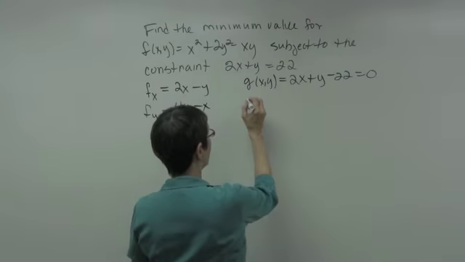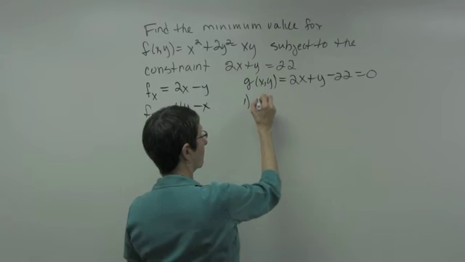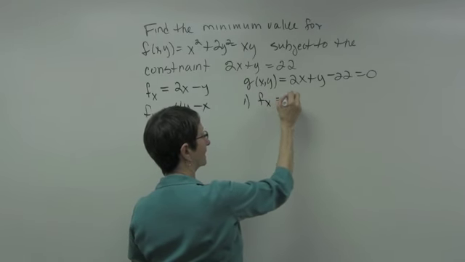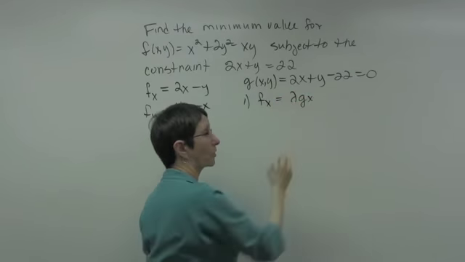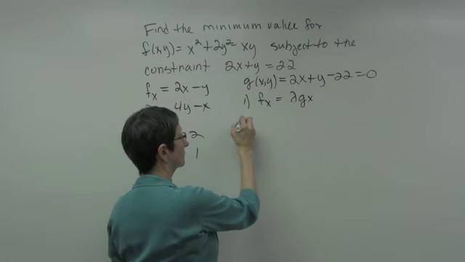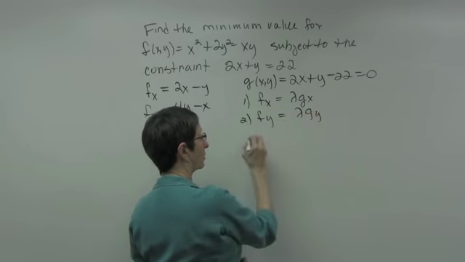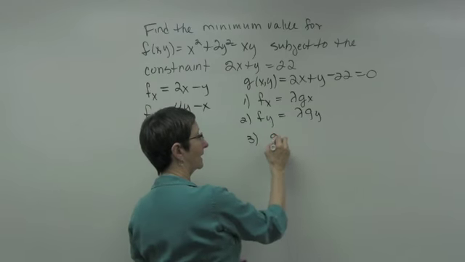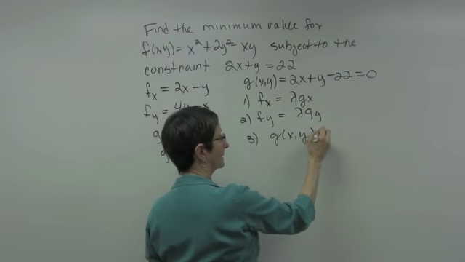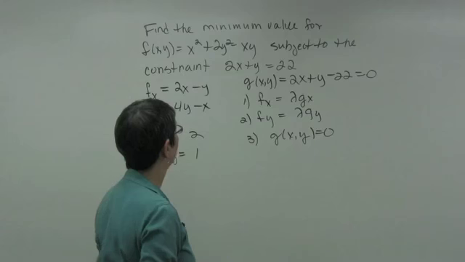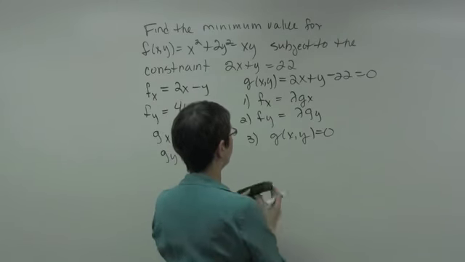And the 3 equations I'll work with are the partial of f with respect to x equal to lambda times the partial of g with respect to x. Partial of f with respect to y equals lambda times partial of g with respect to y. And my constraint equation set equal to 0. So let's see what we have.